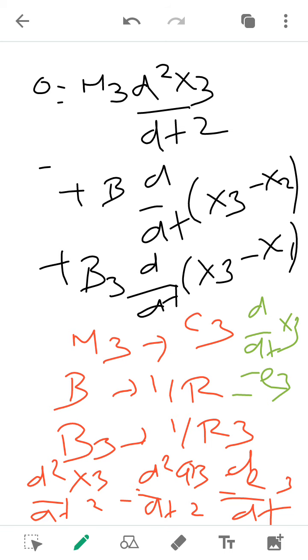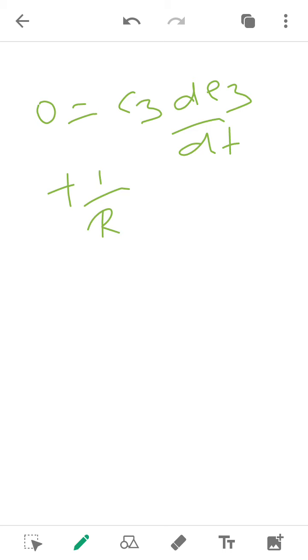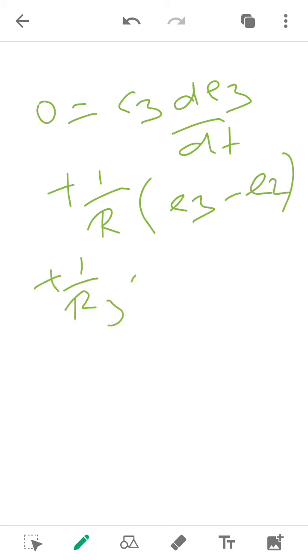So if you are replacing, you will be getting 0 is equal to m3 equated to C3 dE3 by dt plus b as 1 by R, that is the damper that is existing common between the third node and the second voltage node, plus 1 by R3, it is common between the third node and the first node.